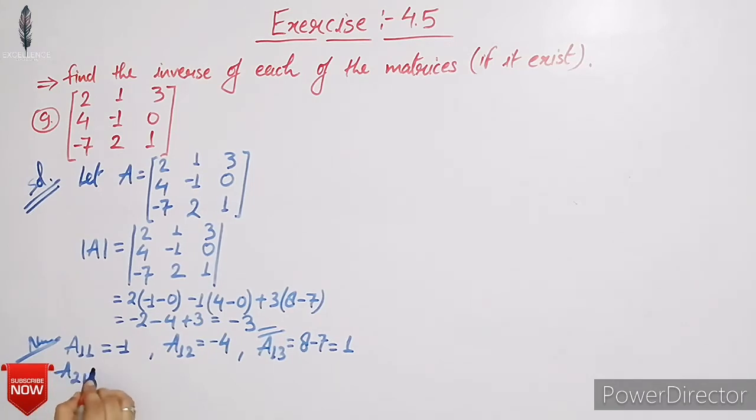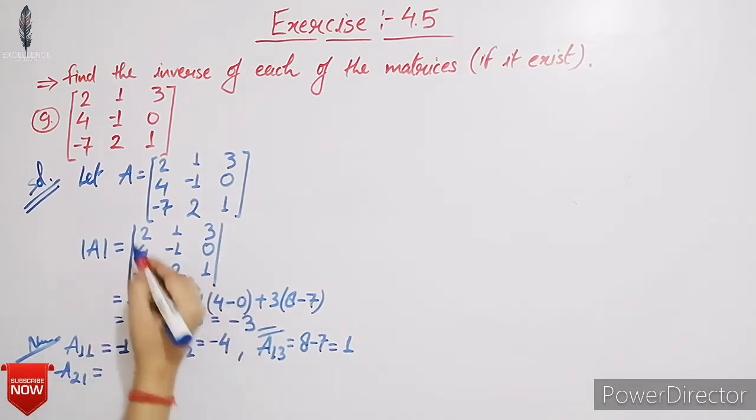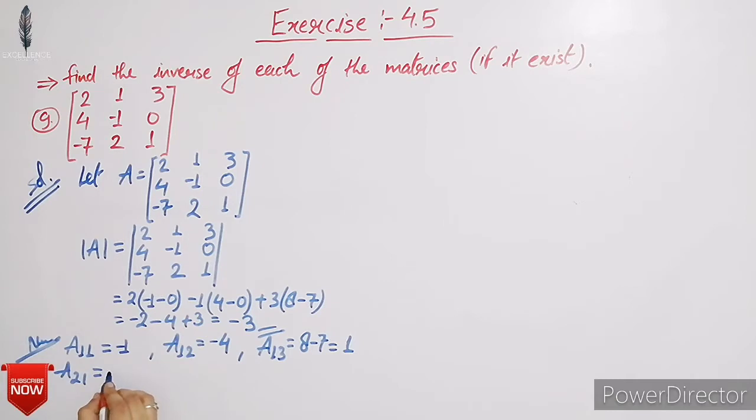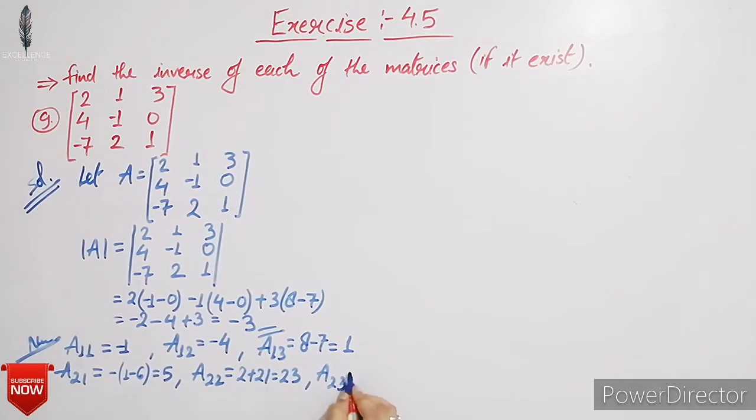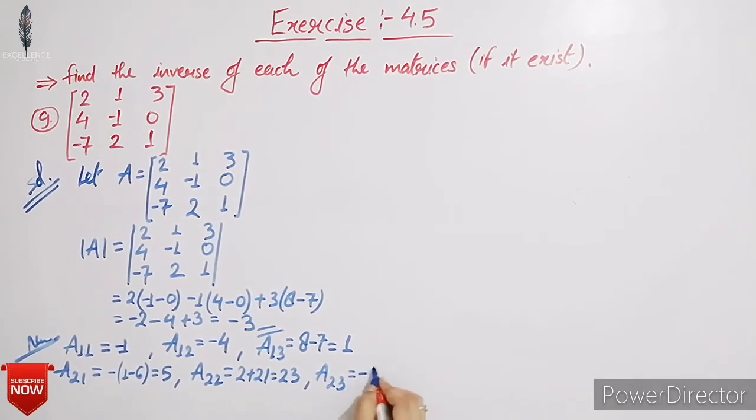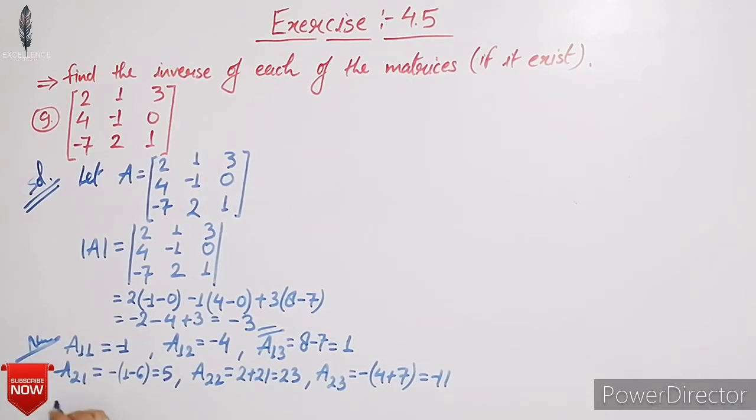And A21 is equal to negative M21 on blocking second row first column. Here it is −1 − 6, that is 5. And A22 is positive M22, on blocking second row second column, it's 2 + 21, equal to 23. A23 is equal to negative M23, that is −4 + 7, which is −11.